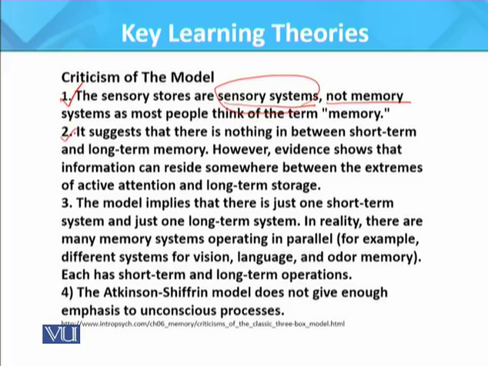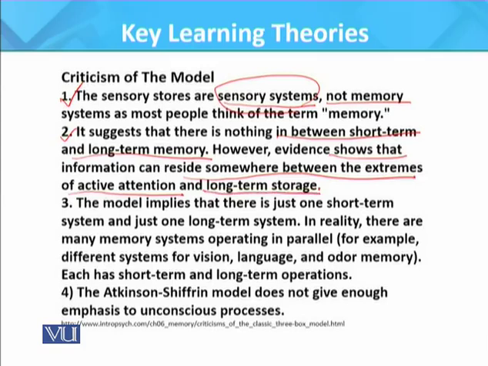The second criticism says the model suggests that there is nothing in between short-term and long-term memory. However, evidence shows that information can reside somewhere between the extremes of active attention and long-term storage.